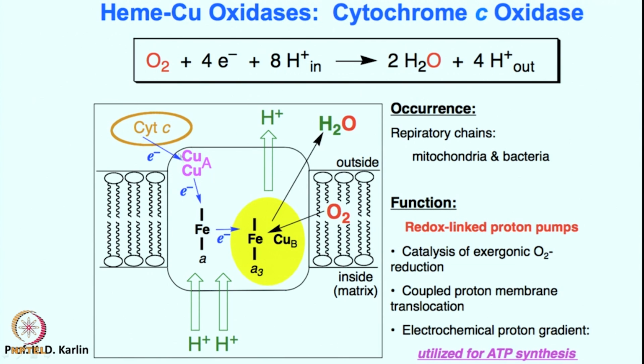Overall, it is the hopping of electrons from cytochrome C to the copper center to the iron center and all the way to the heme copper oxidase center. This is where the oxygen is taken up to be converted into water. These are all membrane bound proteins, as you have seen from the membrane here.